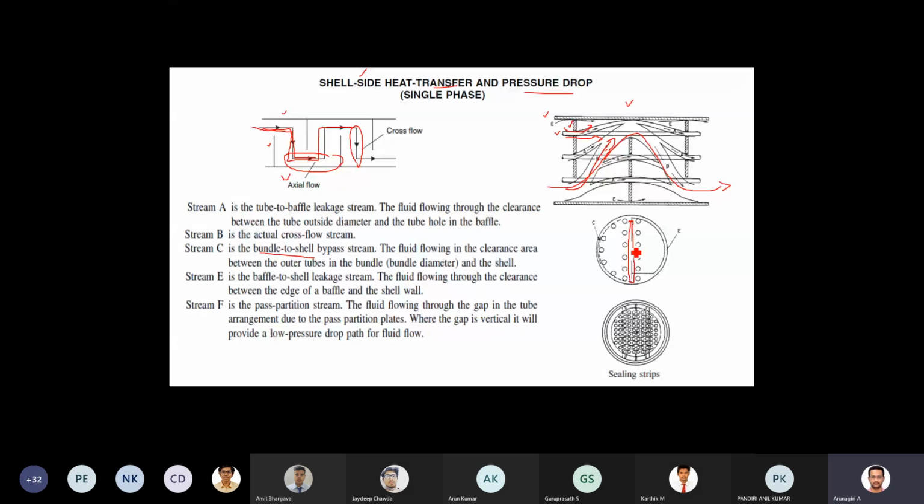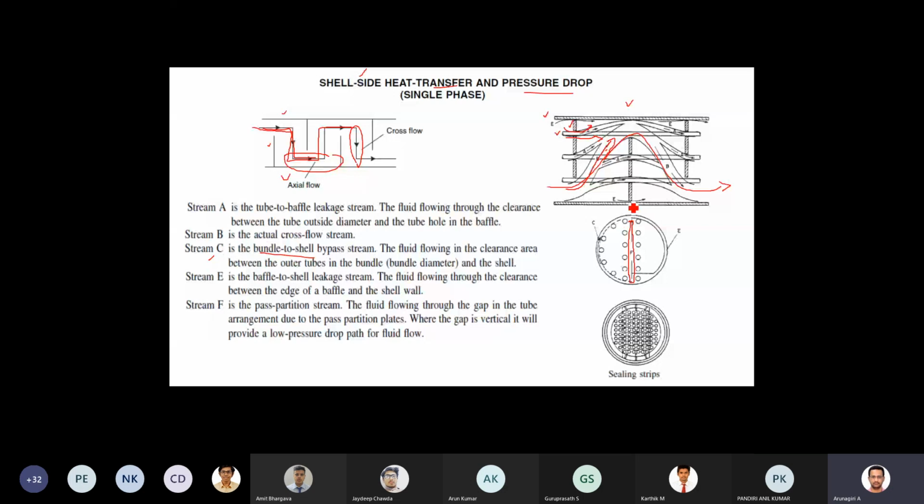In the last cases, the pull through type exchangers, we have bigger clearances. In such cases, what will happen? The liquid will flow through this gap. We know that liquid streams normally take the least resistant path, so the streams will flow through this gap. This is called stream C.